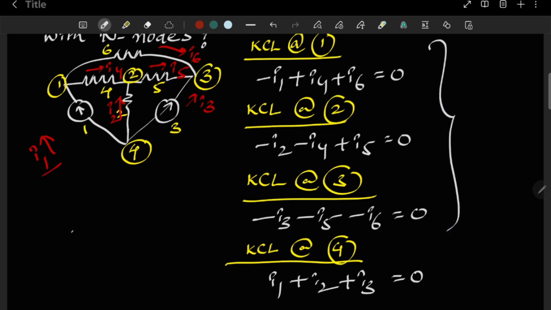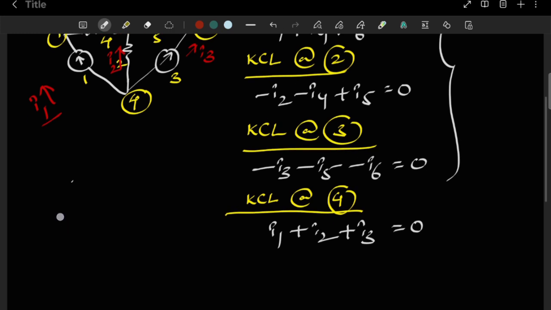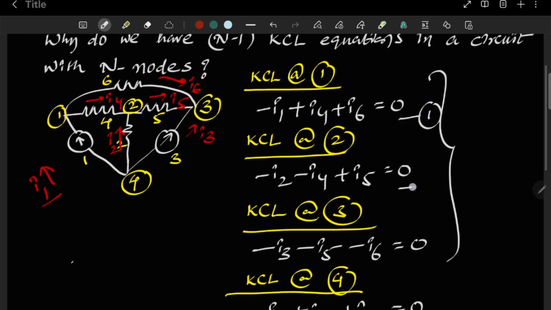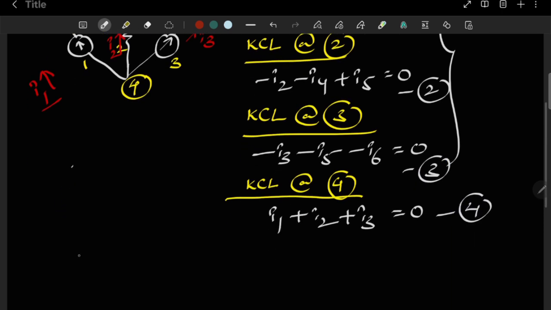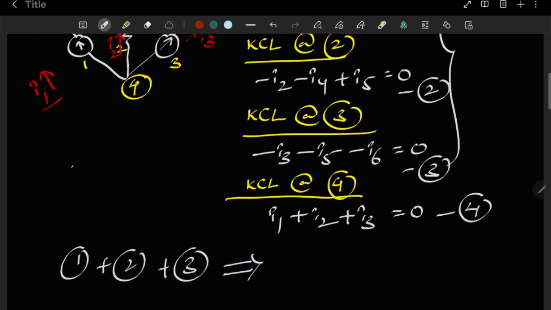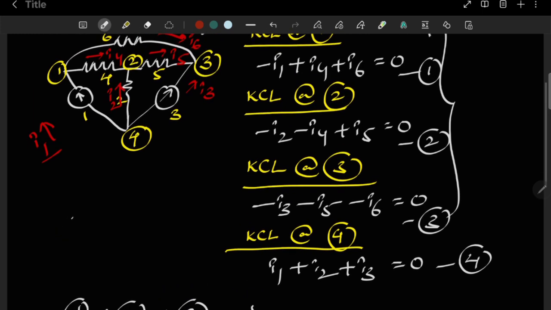That is, equation 1 plus equation 2 plus equation 3, and equation 4 is the node 4 equation. What do we get? On the left side, minus I1 is there, and we do not have any other I1 term, so minus I1 remains. Then I4 is there, but in the second equation we have minus I4, so these two cancel. Then I6 is there, and in the third equation we have minus I6, so this also cancels.